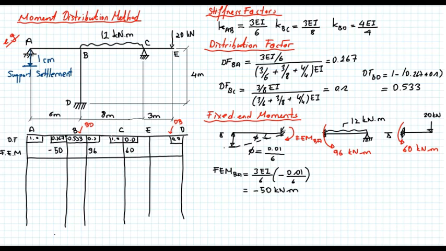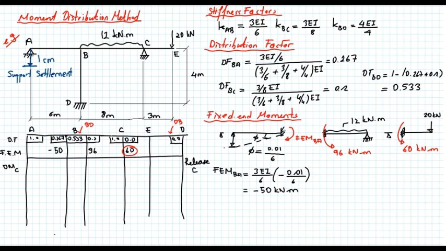Now, what we do first is handle this 60 kilonewtons. So I'm releasing node C first. Okay. So distribute moment at C. This is what I'm doing.